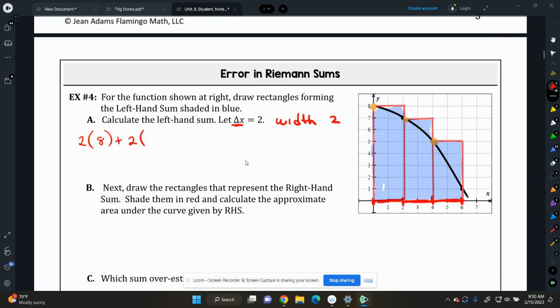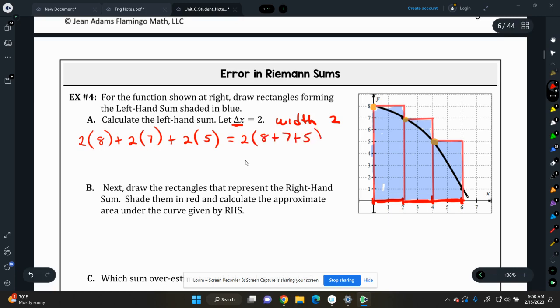And this time we don't actually have an equation, so we do have to estimate. So it looks like it's a 7 on the graph. Plus 2 times, that looks like a 5. Okay. Now, a shortcut that you can make, if all the rectangles have the same width, you can just do 2 times and then put the heights inside because they're all being multiplied by 2.